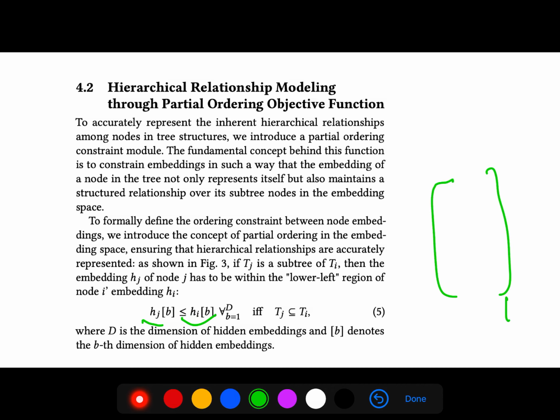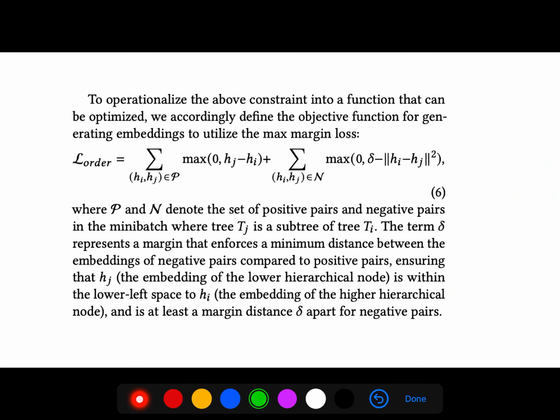So we have D by 1, and for B's row, you will see that we have H j of B, and the corresponding one should be H i of B. This one should be less than that. So it makes sense. To operationalize the above constraint into a function that can be optimized, we accordingly define the objective function for generating embedding to utilize the max margin loss.